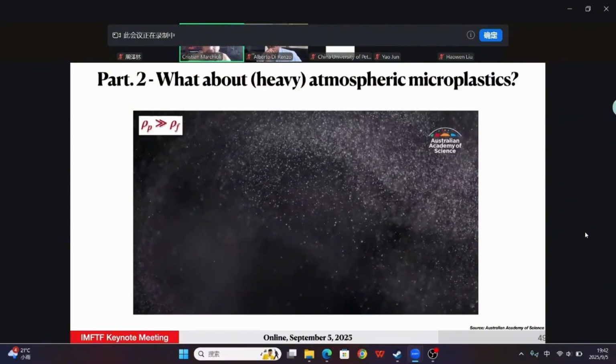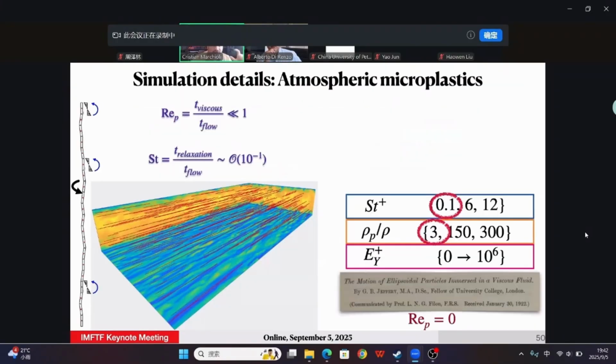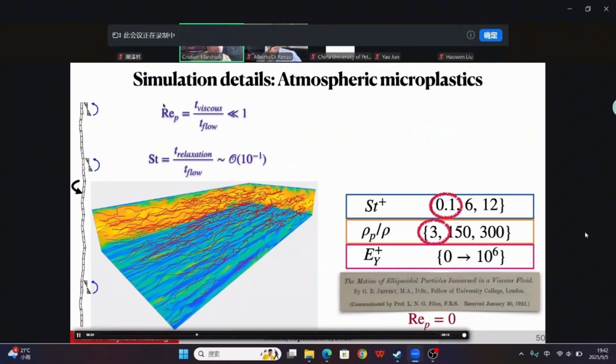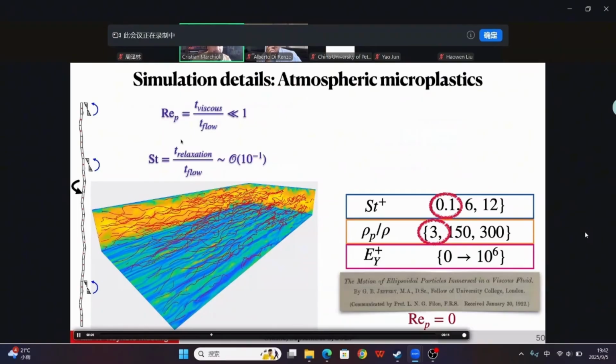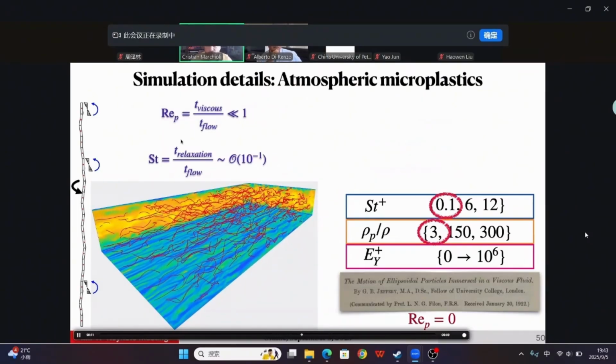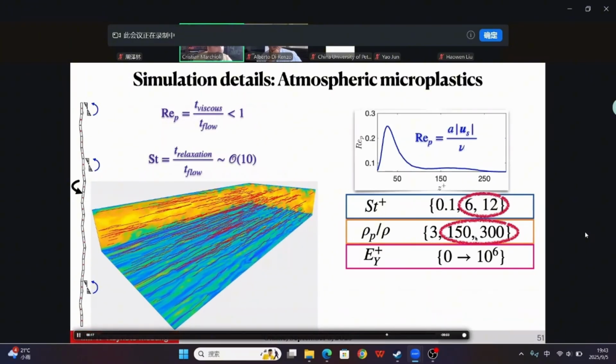about the atmospheric microplastics. As I mentioned before, the main change here is the density ratio. Just to remind you, small density ratio means small Stokes number and also small particle Reynolds number. However, to simulate something that is relevant for atmospheric dispersion, we need to increase the density ratio.